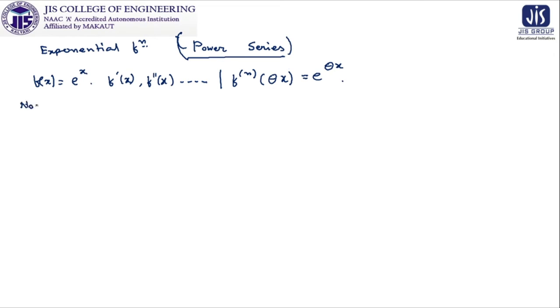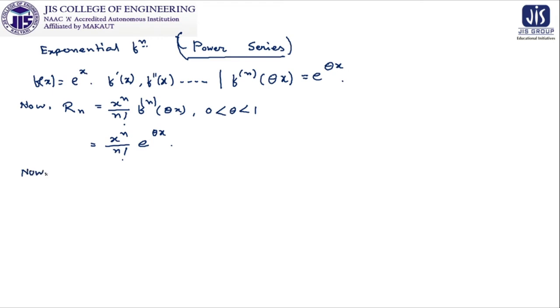Now the most important part, that is the remainder term. Now R n is equal to x to the power n by n factorial f n theta x. Here f n means the n-th order differentiation, f n theta x, where 0 is less than theta less than 1. We can write it as x to the power n by n factorial times f n theta x, which is e to the power theta x.